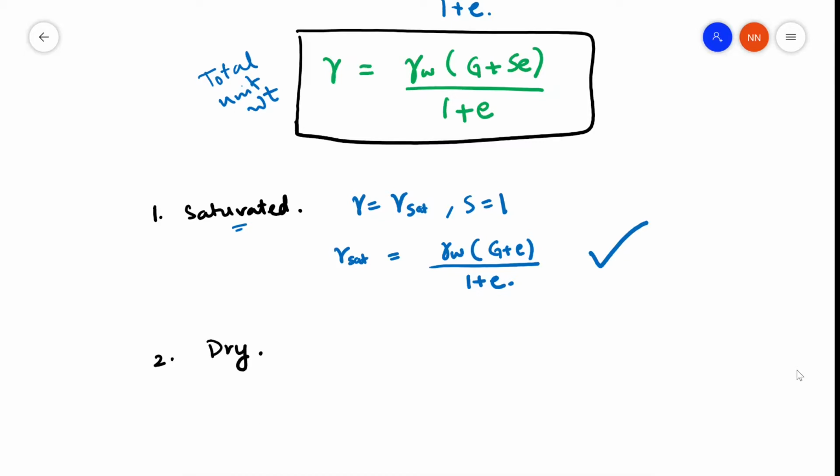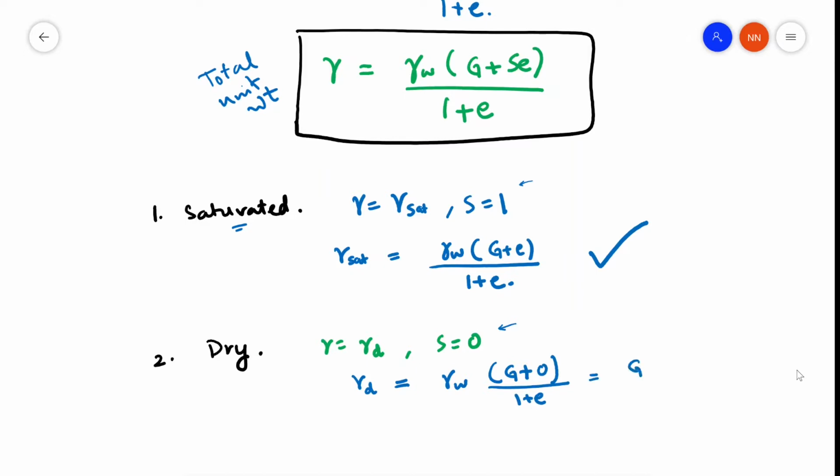Another important relationship which we have from this is the expression for dry unit weight. Now what does dry mean? Dry means that gamma equals gamma dry and saturation equals 0. Note that in the previous case the saturation was 1, which is now 0. We just have to substitute S equals 0 in this expression. So gamma dry is equal to gamma W times G plus 0 over 1 plus E, right?